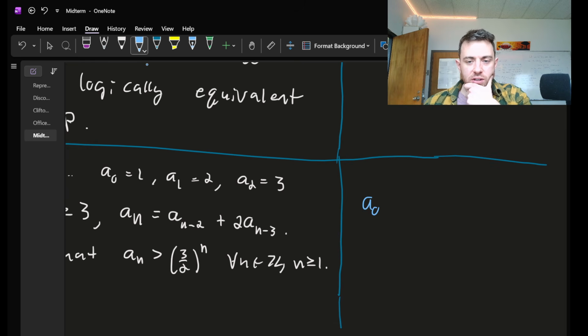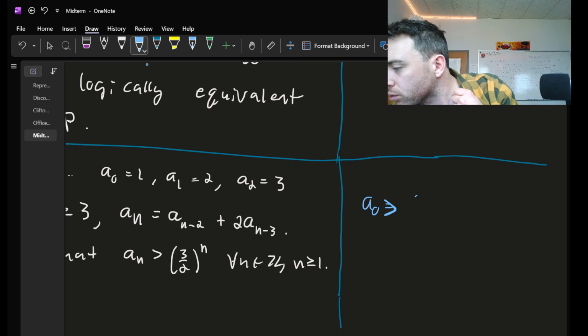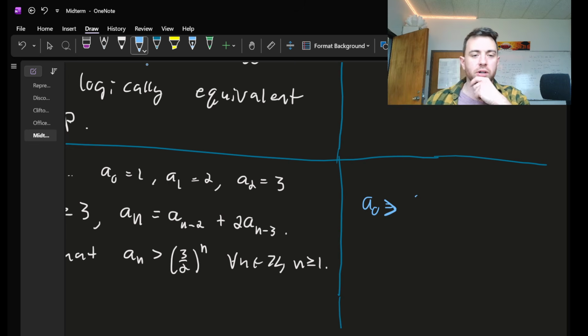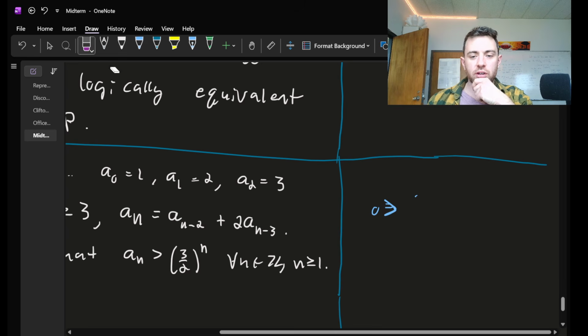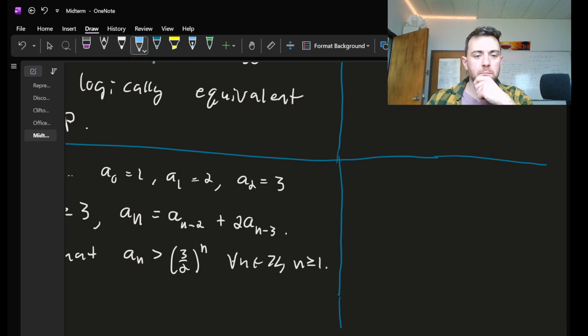We have a naught, and we want to prove that it is bigger than 3 over 2. Hang on a second. Oh, it's for all integers bigger than or equal to 1. So our base case should not include n equals 0. So we have a1, and we want to show that it's bigger than 3 over 2 to the 1, so that's 3 over 2.